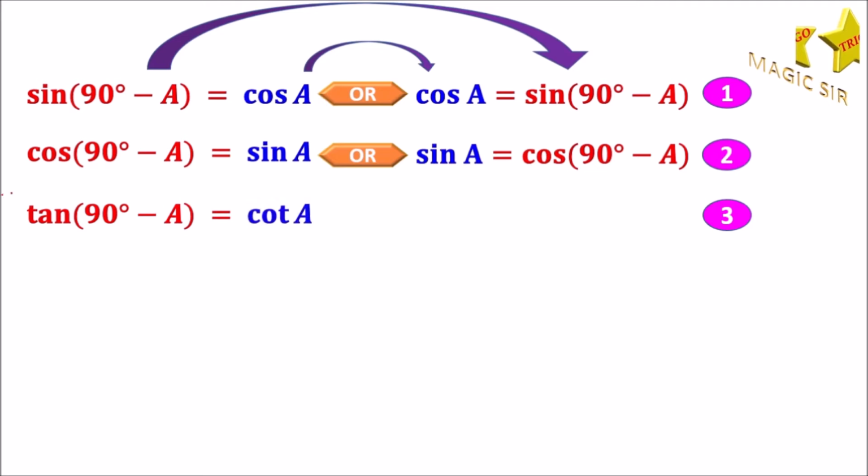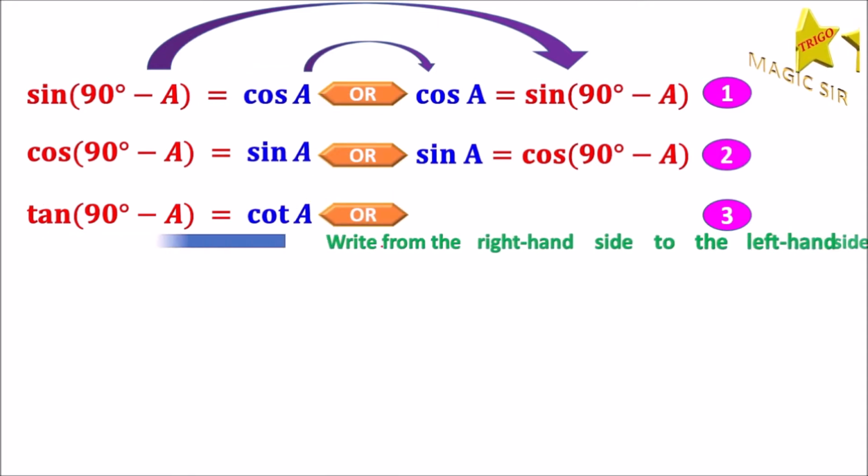Third, tan 90 degrees minus A is equal to cot A. Or we can write this formula from the right hand side to the left hand side.